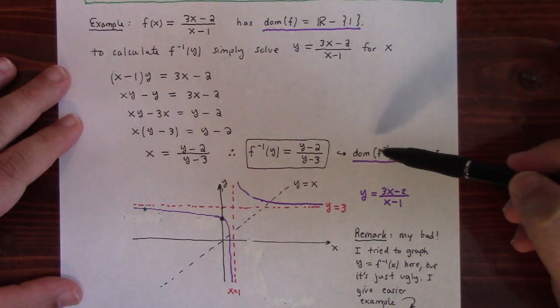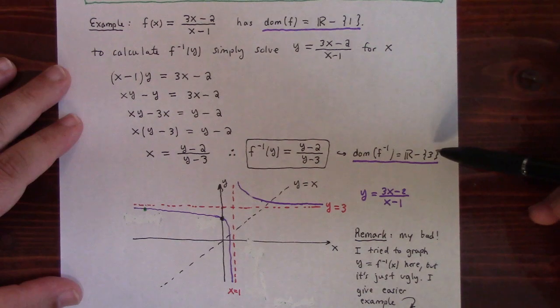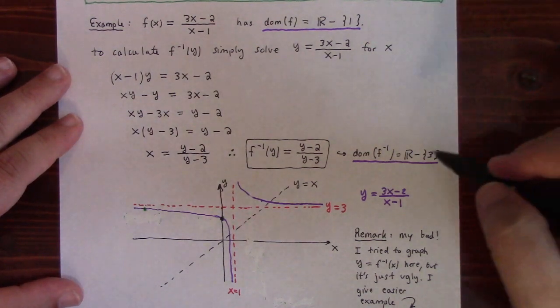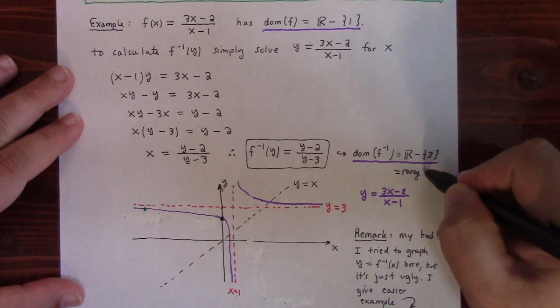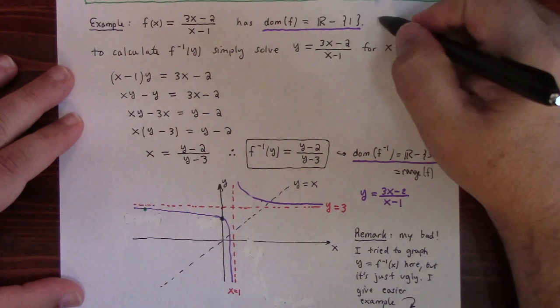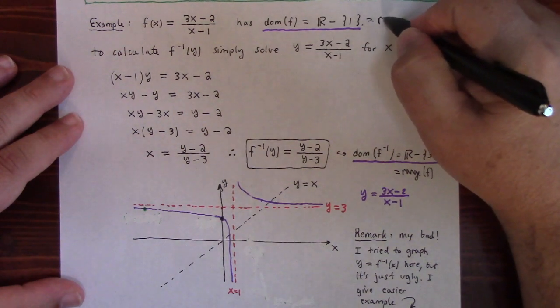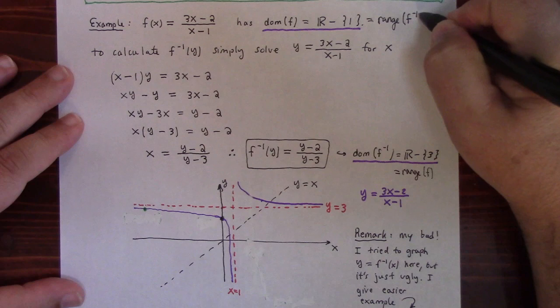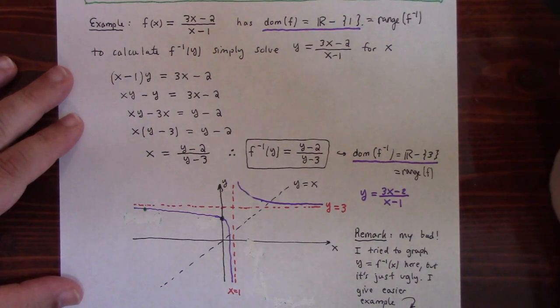Now you can see that the domain of the inverse function has to exclude 3. And so if you believe what I wrote up in the green, you also know that this is equal to the range of the function, and you also know that this is equal to the range of the inverse function. And that's exactly what happened. Excuse me, range.